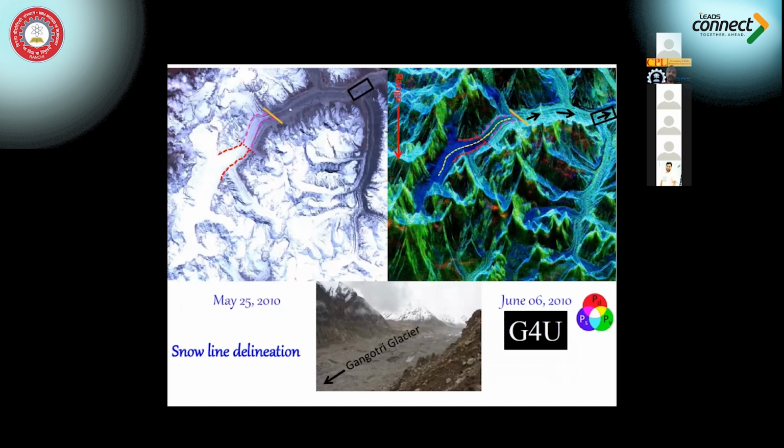And where you have debris-covered ice, covered with soil and boulders, it has low albedo. And where you have some kind of transition converting snow to ice, that will have intermediate albedo between snow and ice.